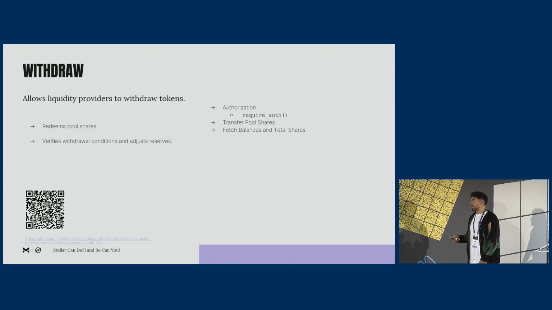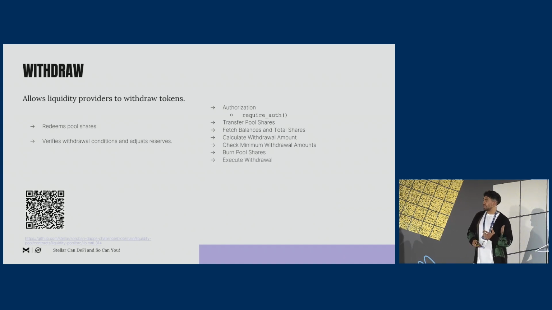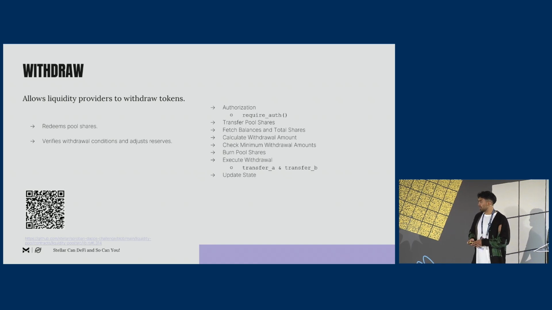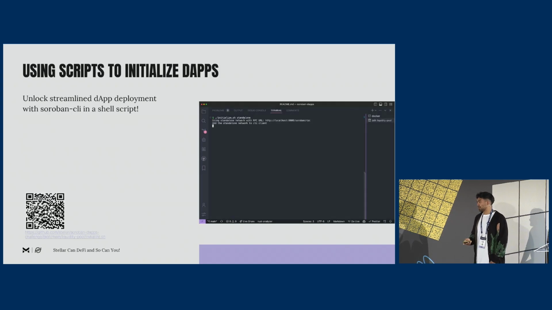We then fetch the balances in total shares, calculate the withdrawal amount to ensure that we're not making a withdrawal under the minimum withdrawal amount. We then burn those pool shares and then execute the withdrawal by transferring A or B from the liquidity pool back to the user wallet. Then we update the state again by putting our reserves.